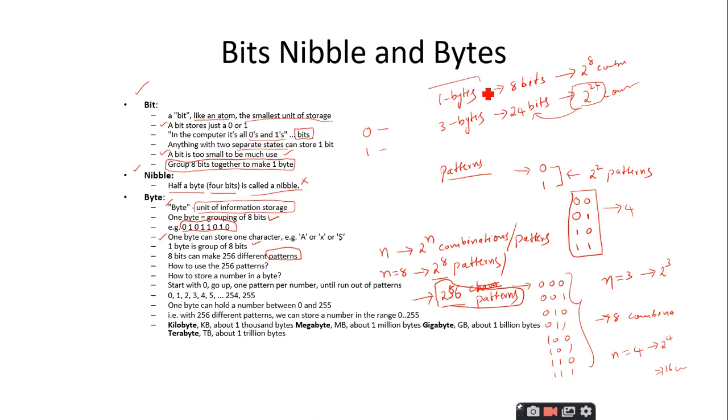This particular discussion will be useful when we go for the discussion on the data types related to the C programming language. Very important and very easy also. So with 8 bits we have 256 patterns. As I told, every 8 bit combination, if you treat it as a single character, means you will be storing 256 characters with these 8 bits.